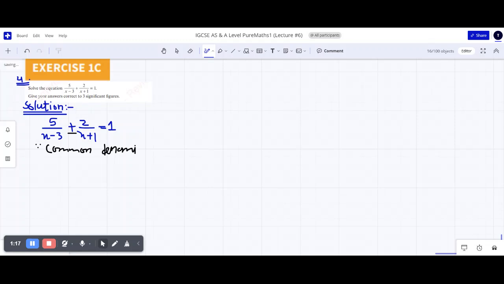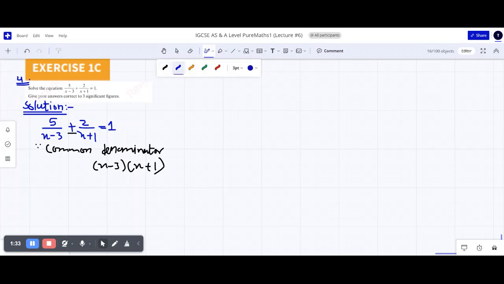Now, what is the common denominator? Both denominators we will write here, x minus 3 and x plus 1. It means that we have to make this at the bottom for each fraction.